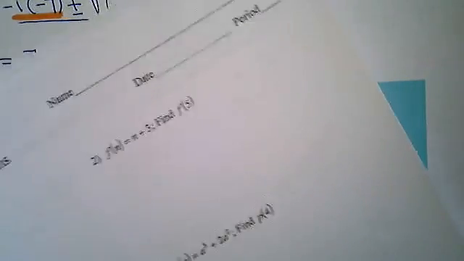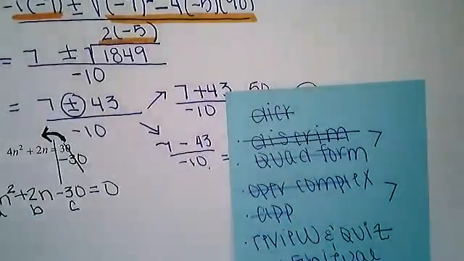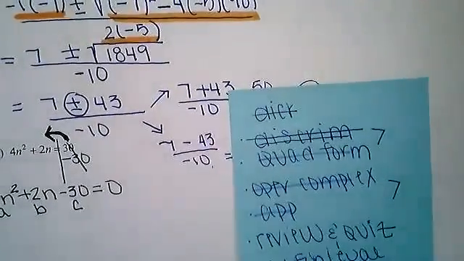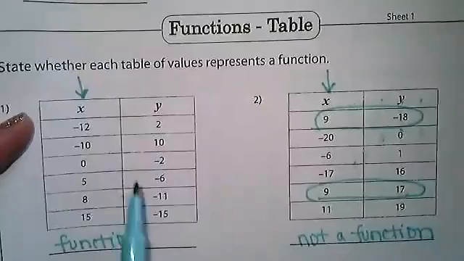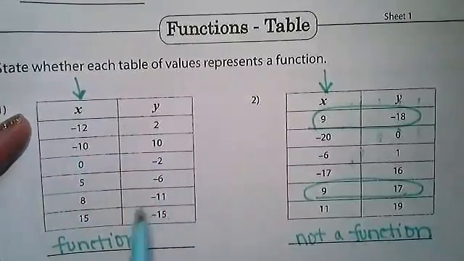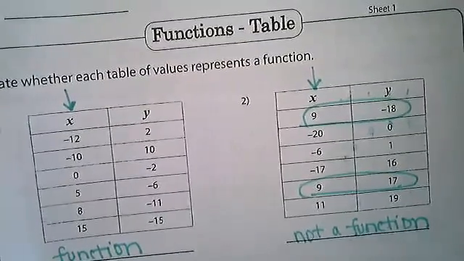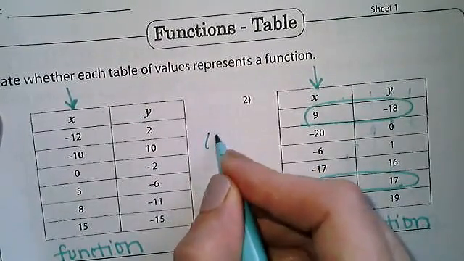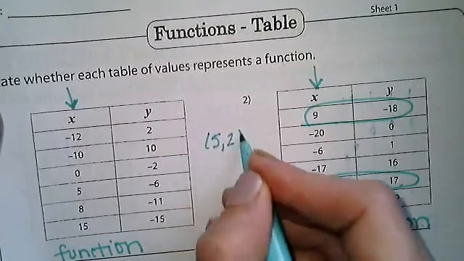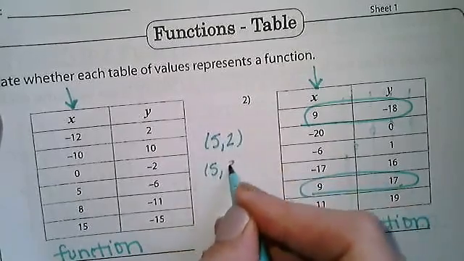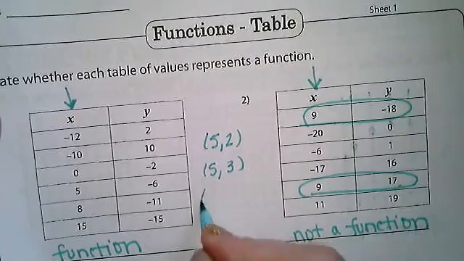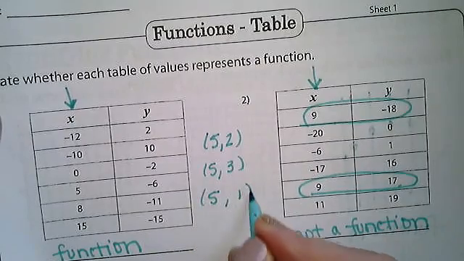Sometimes we'll also see functions being evaluated in the case of coordinates. Instead of a table, I just wanted to hit on this really briefly because it is on the next quiz, but you might have some coordinates listed out for you, like 5, 2, 5, 3, 5, 1.